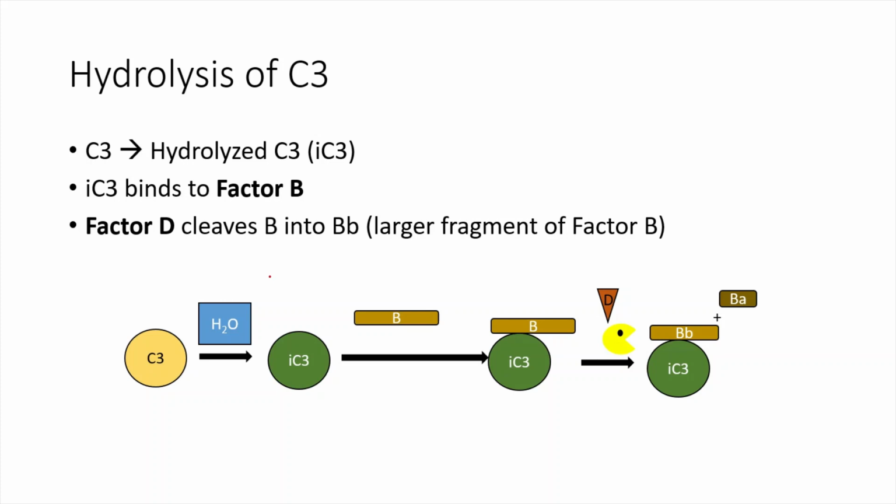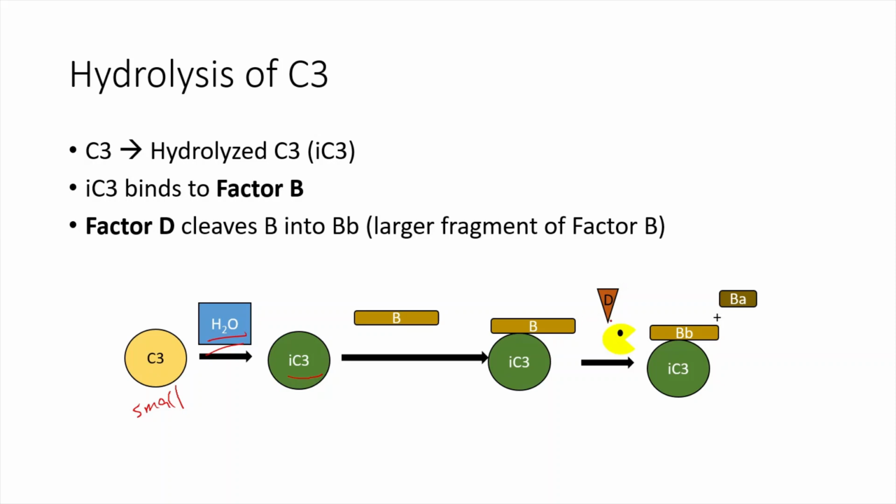The first step is that, out of nowhere, a very small amount of C3, not in the blood, will undergo hydrolysis into iC3. The next step is for iC3 to bind to factor B, a large factor B, and then factor D comes in.